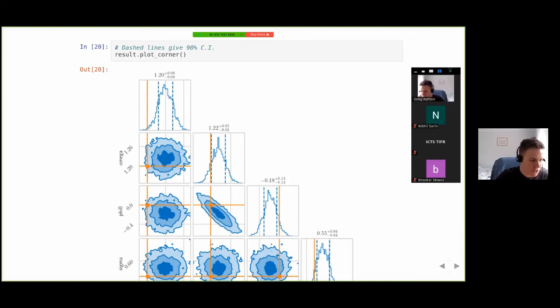But one thing I will say is that if your prior ranges are large, it will make the run slower. In nested sampling, the time it takes to run comes from going from the prior range to the posterior range, so if you make your prior range larger, it's going to be slower.